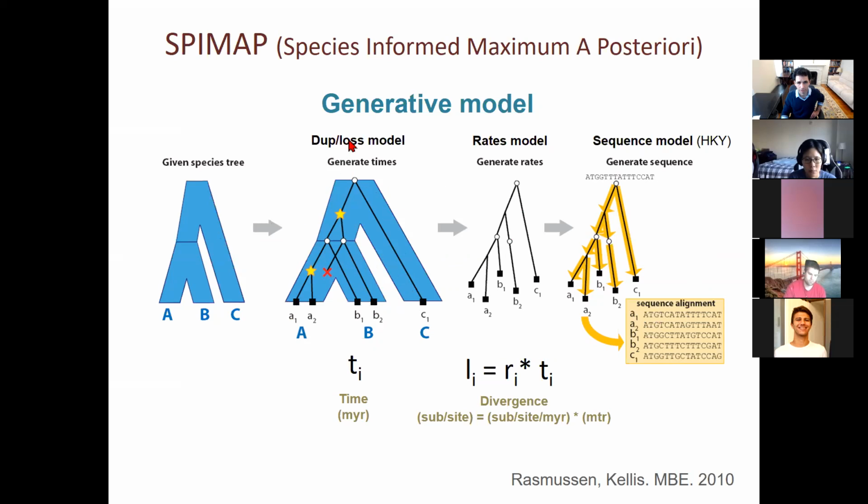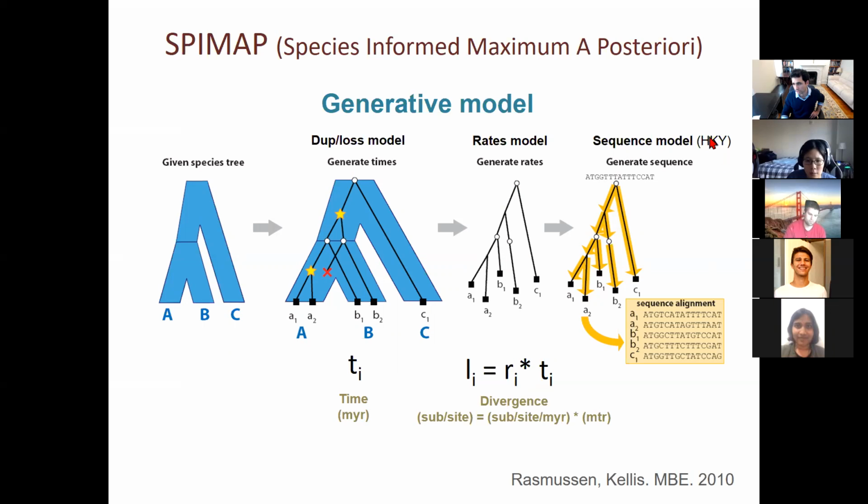So that's the first step, having a duplication and loss model. The second step is having a rates model that is the product of a gene tree specific rate and the divergence times. And this rate here is both the gene tree and the species specific rates. So we now have a rates model that generates rates of evolution. And then your sequence specific model, and this could be general, such as HKY or Jukes-Cantor or Kimura two-parameter model and so on, which generates sequences for each of the leaves that match the current sequence.